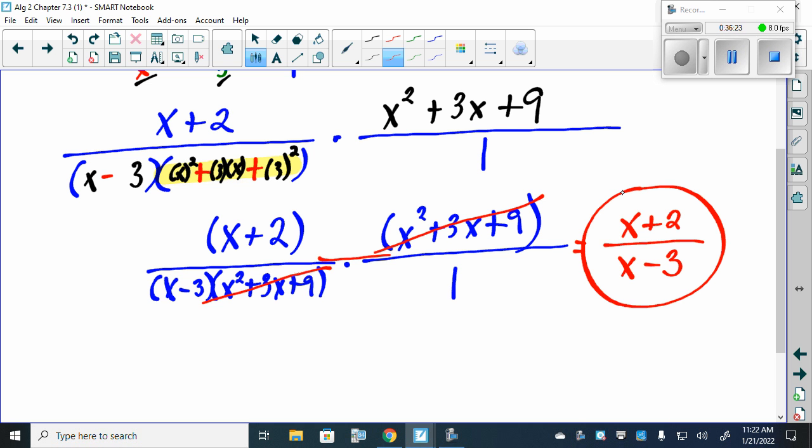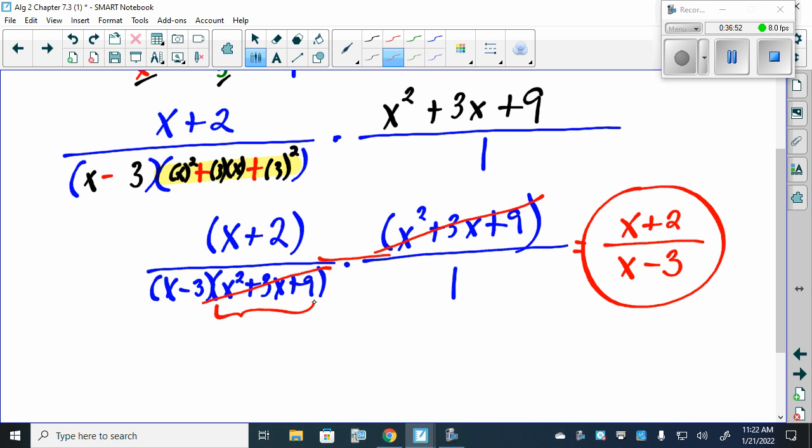So we'd only have to really list the restriction for x squared plus 3x plus 9. 1 times, well, what is 1 times x minus 3? Yeah, because 1 times anything is just whatever we're multiplying it by. So we don't have to include it. Does that make sense?